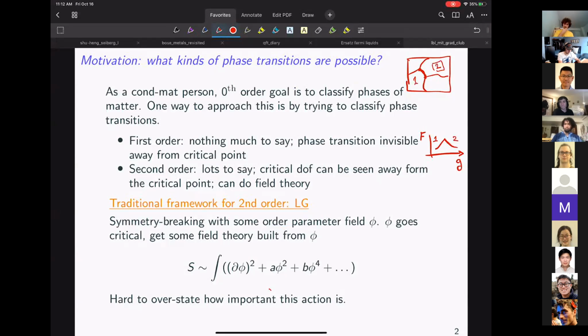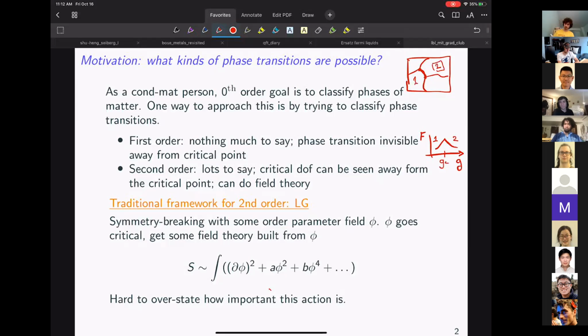And first order transitions are not very interesting because the kind of stuff that's going on in the phase transition is totally invisible away from the critical point, right? So there's some critical value of g here at which you go from one phase to the other.